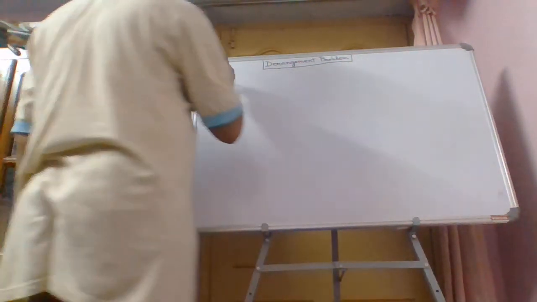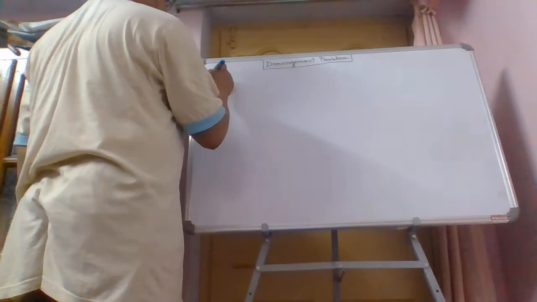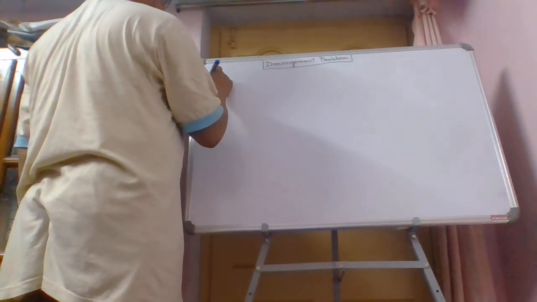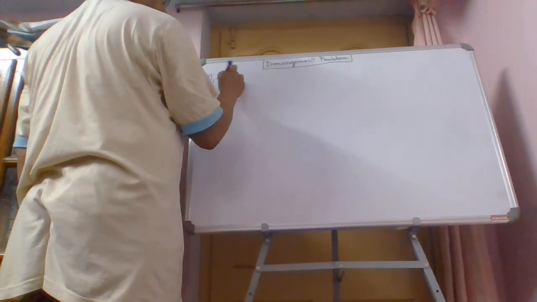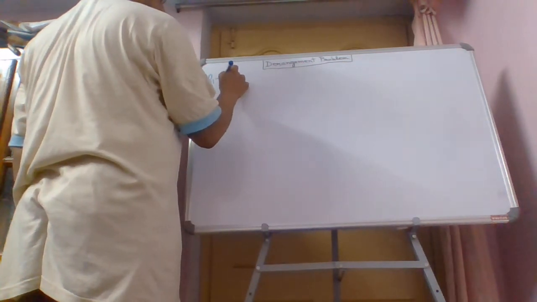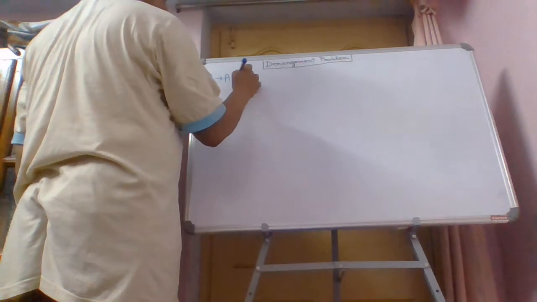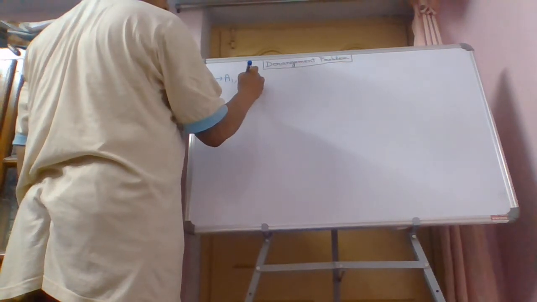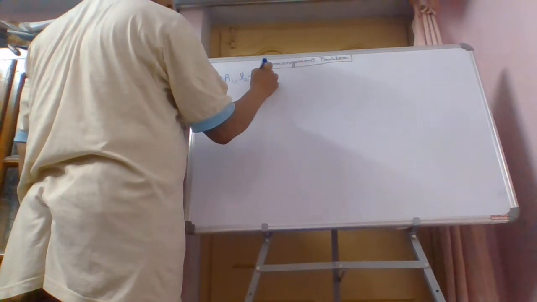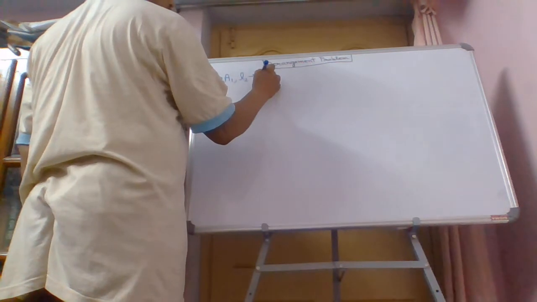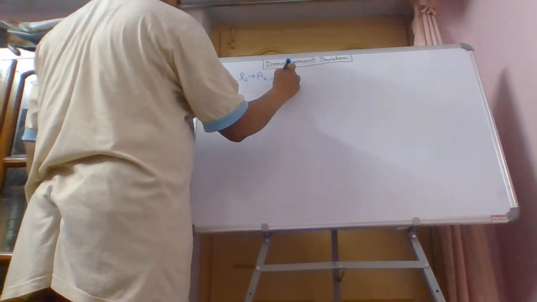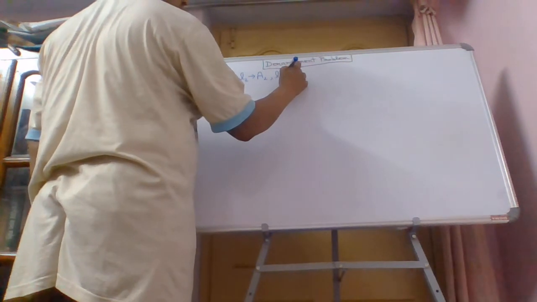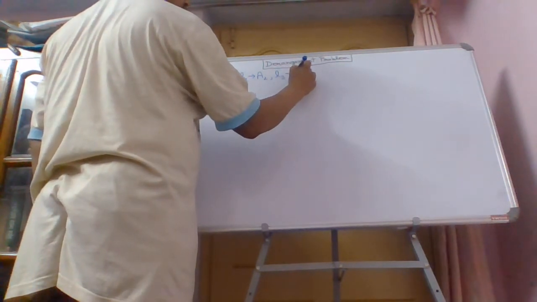Suppose L1 is destined to reach the address A1. L2 is destined to reach the address A2. L3 is destined to reach the address A3.